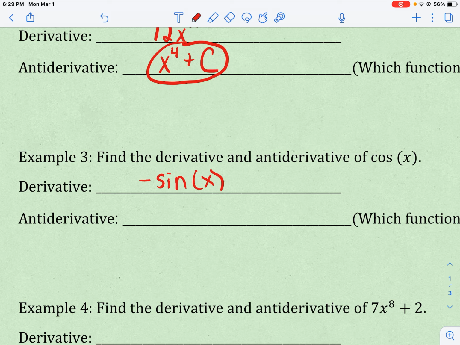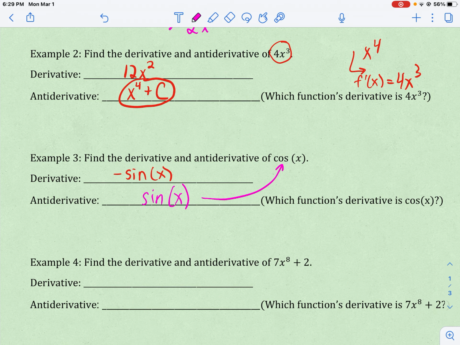So which function, when we take the derivative of it, gives us the cosine of x? I think that's an easy answer: the sine of x. The derivative of the sine of x is the cosine of x, and that makes it the antiderivative. Okay?